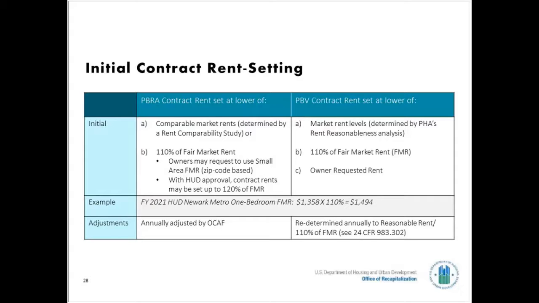And the adjustments for PBRA are done annually via OCAF, and for PBV contracts, they are redetermined annually to rent reasonableness or 110% of FMR. So for additional details, see CFR 983.302.